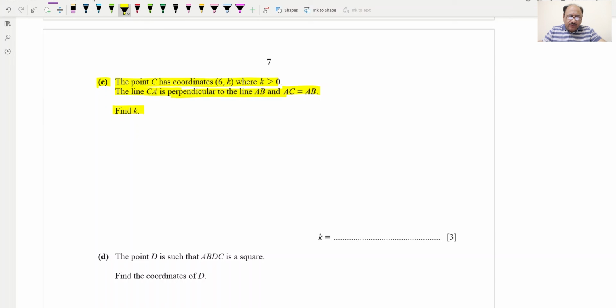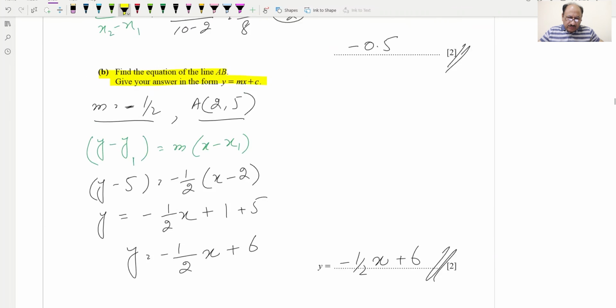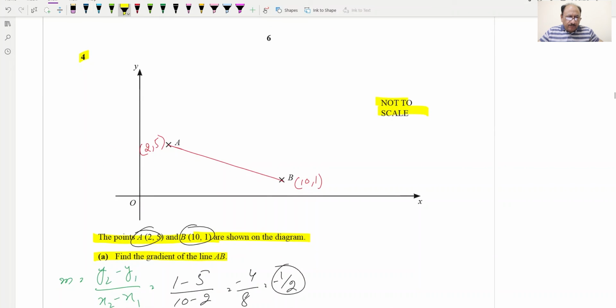Now the C point, where is that C point that we can indicate? Basically the k value is greater than 0, so (6, k) we can take over here.